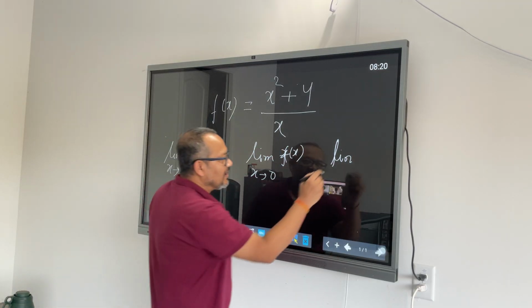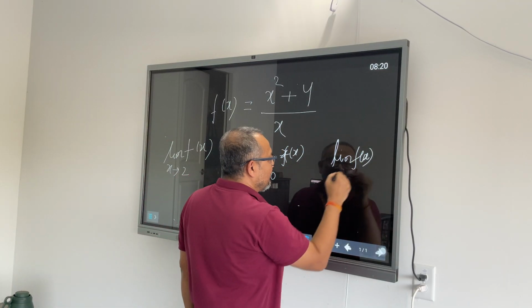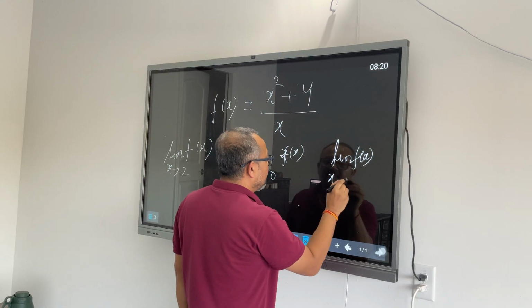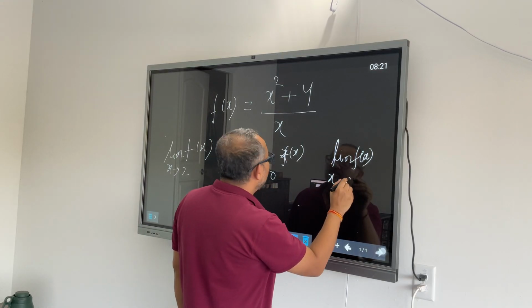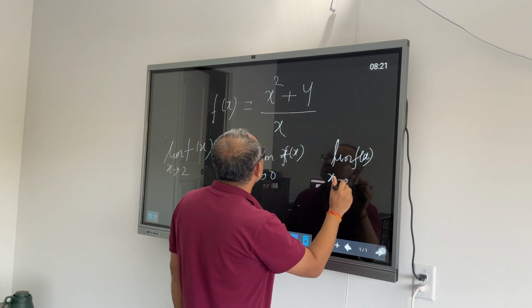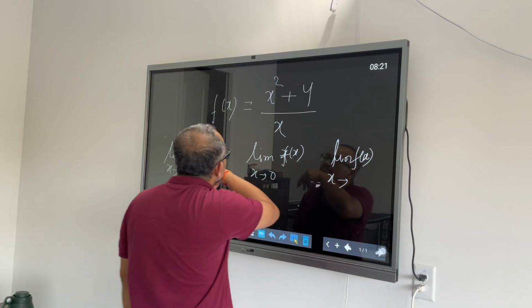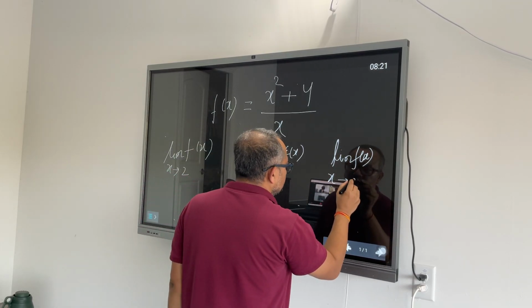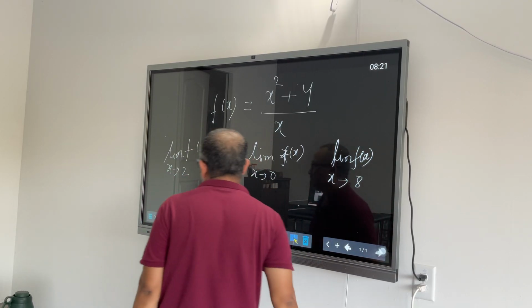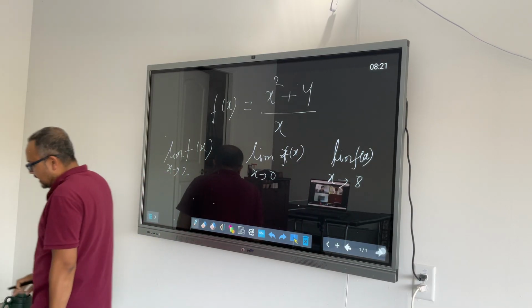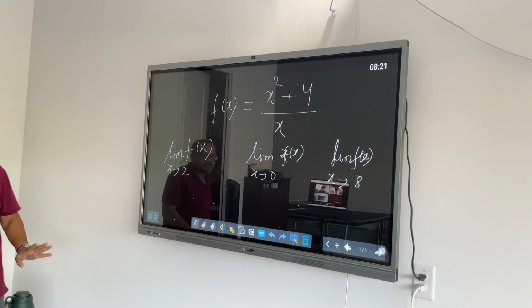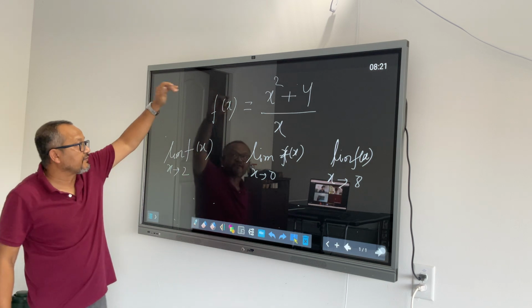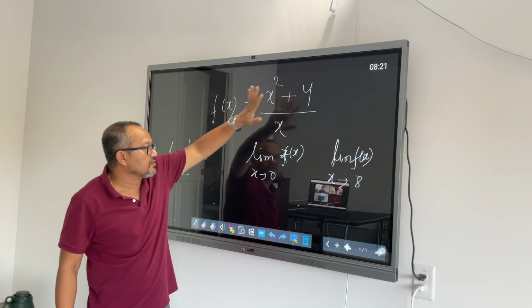limit of f of x when x is approaching, let's say, 8. So I'll just give you guys some time to think. Okay, so this is my function definition: f of x equal to x squared plus 4 divided by x.